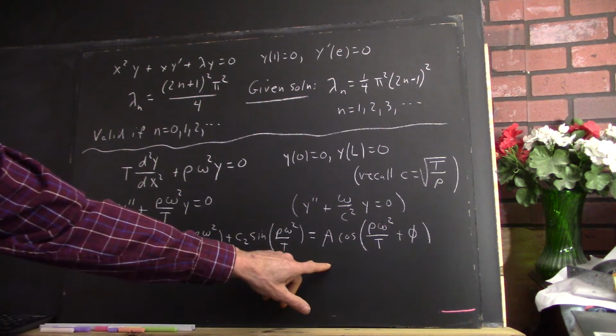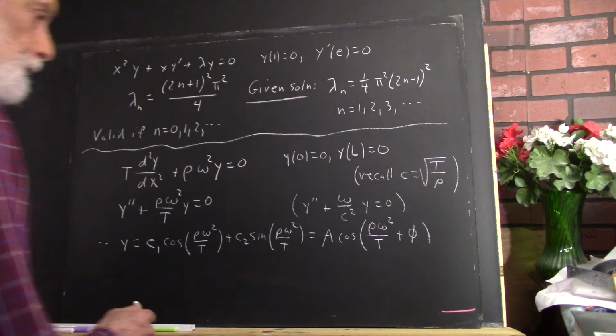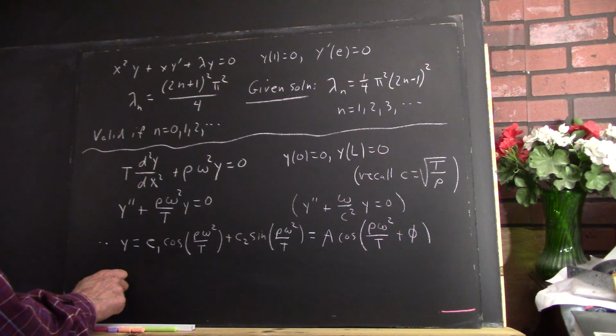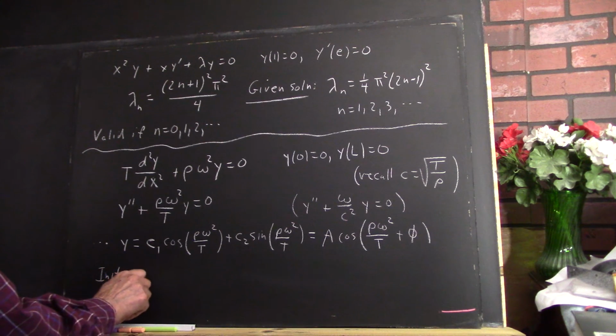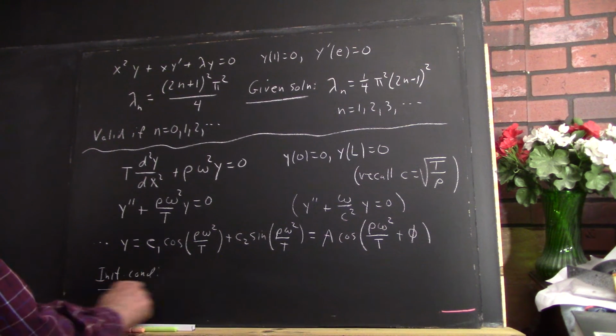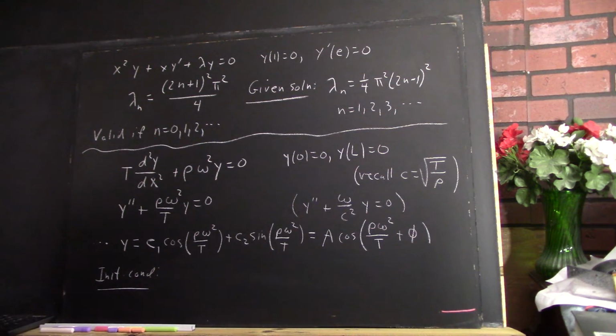So here you have it. Now you have your initial conditions. Except for the notation, this is no different than anything else you've done. At least I think it's no different. I haven't worked it out yet.